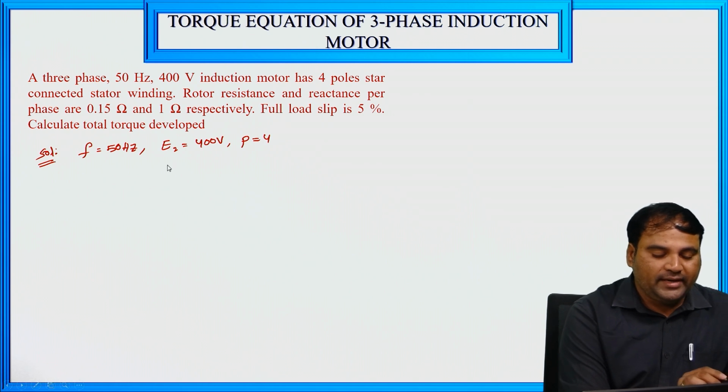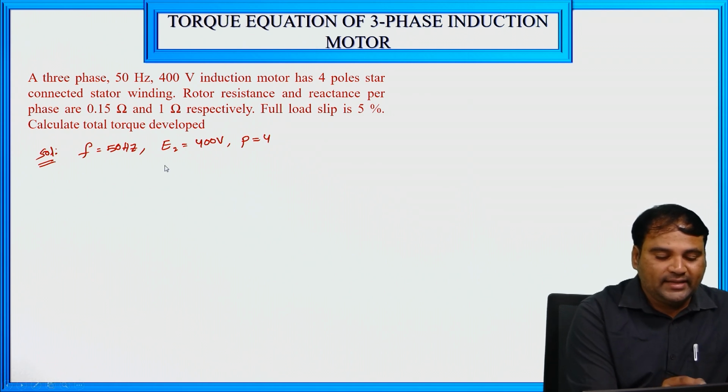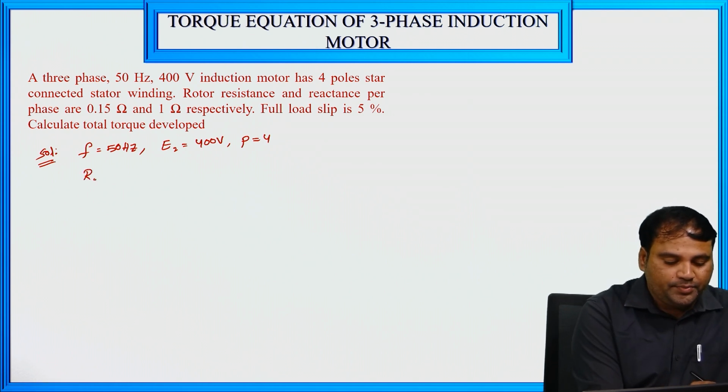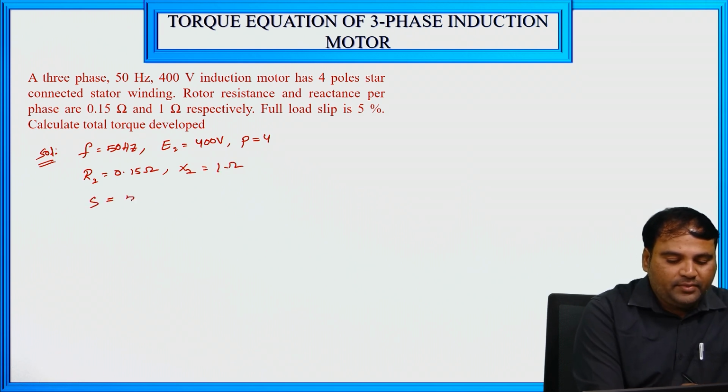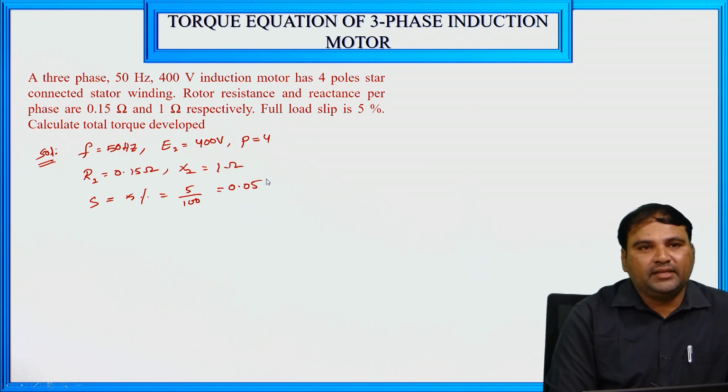Rotor resistance R2 is 0.15 ohm and rotor reactance X2 is 1 ohm respectively, and the full load slip S equal to 5%, meaning 5 by 100, that is equal to 0.05. Then we need to calculate the torque.